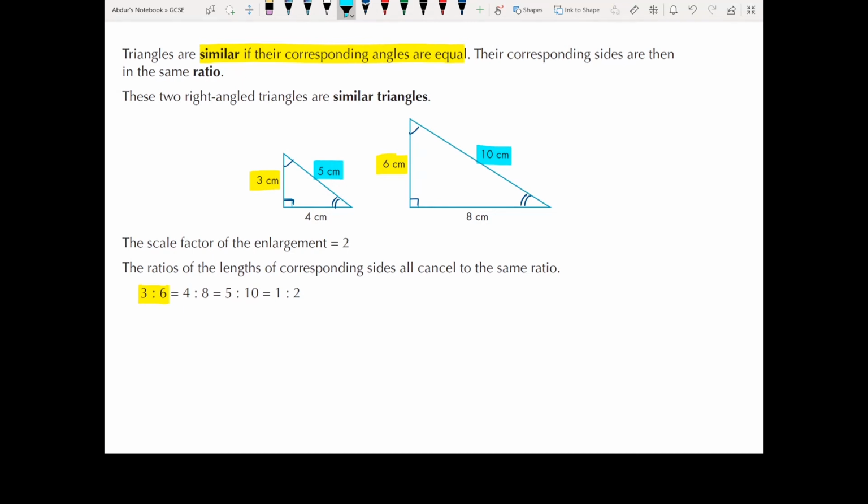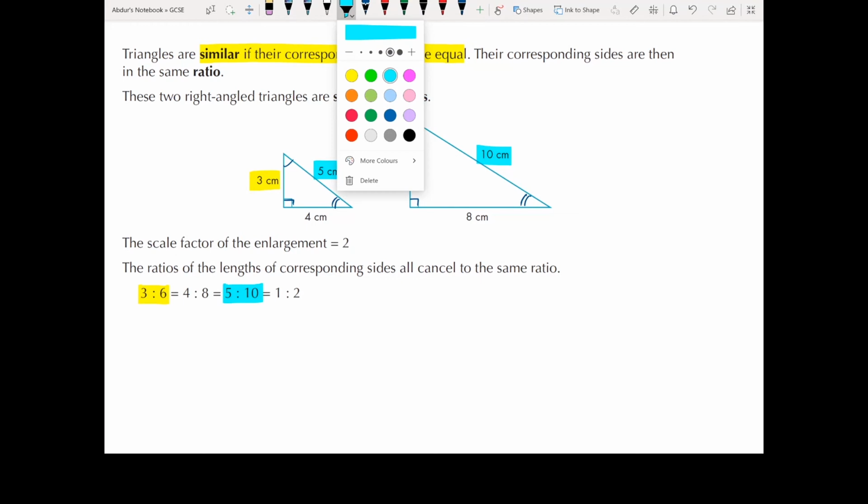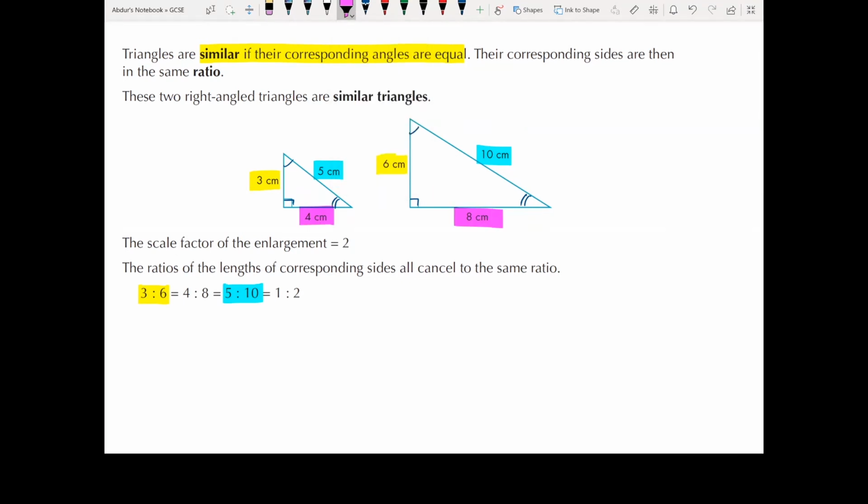So here's 5 to 10. And 4 to 8 is also another corresponding set of sides, 4 to 8. And if you look at all of those ratios, they all actually simplify to 1 to 2.